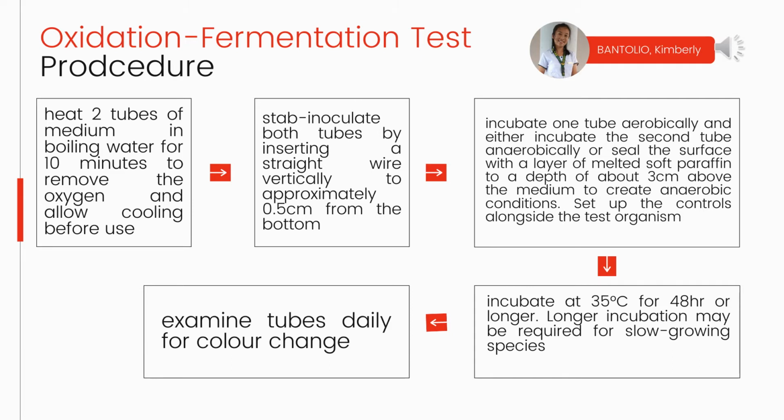So in inoculation, we're going to stab it with the use of a straight wire. After that, one tube is covered with oil, a Vaseline layer, or soft paraffin oil to induce an anaerobic environment that forces the strain to carry out fermentation.